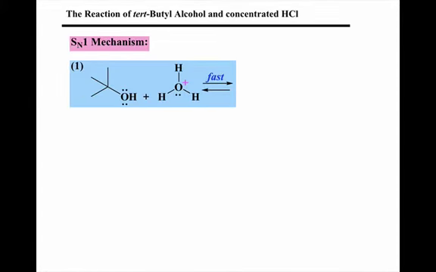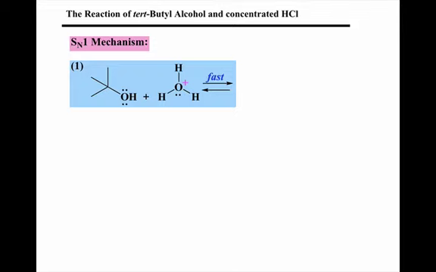So as I mentioned, we can do the reaction of tert-butyl alcohol and concentrated HCl. It's one of the easiest things in the world. The mechanism is pretty straightforward. Okay? Brianna, how would I push the arrows in this first fast step? So this is my tert-butyl alcohol and my concentrated HCl. I'm just showing the hydronium ion here in this part of the mechanism.